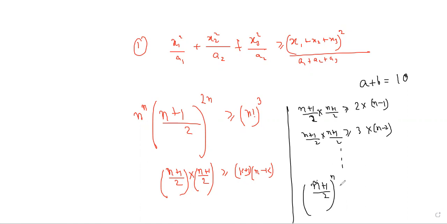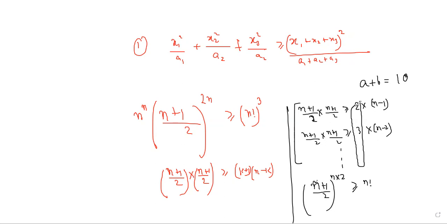You just multiply all these on the left side, you get the power 2n, because you're using it n times, and each time you're using it twice. And what will you get in the factorial? You will get n factorial in this first column: 2, 3, 4, 5.